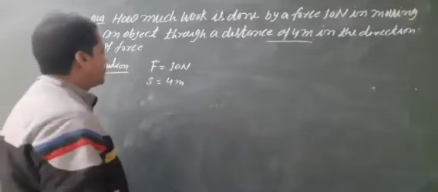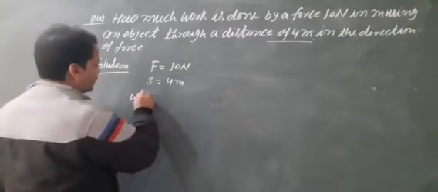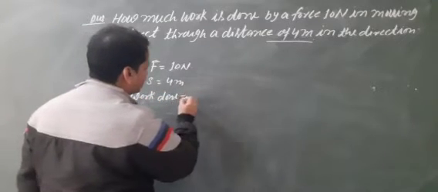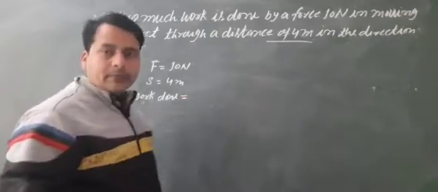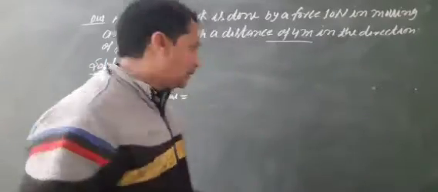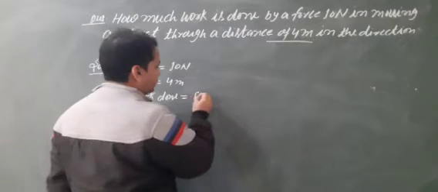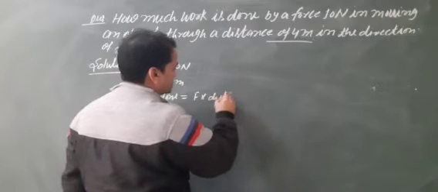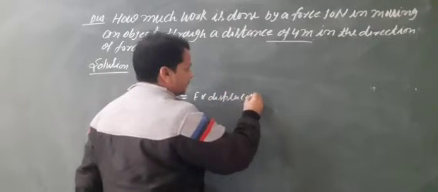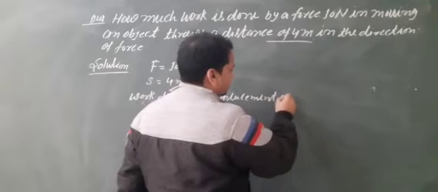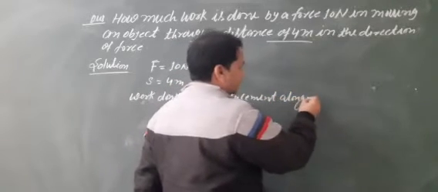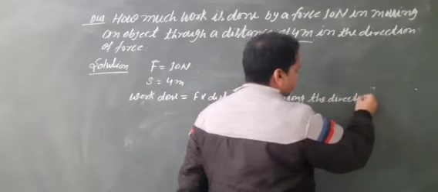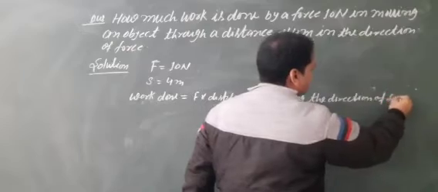So we know that work done equals the product of the force and displacement along the direction of the force, that is F into displacement along the direction of force.